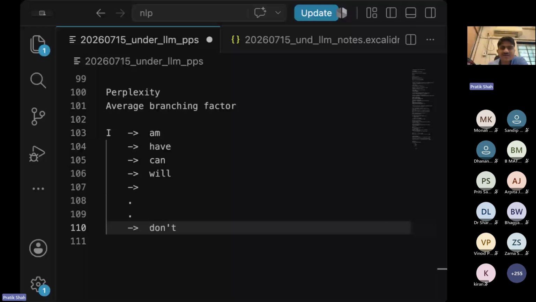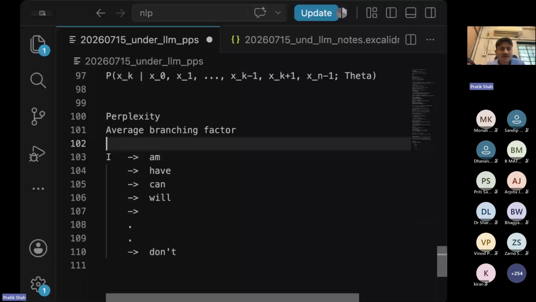Correct. So perplexity is something which captures this idea that for a given language, how likely each of the choices, if it is known, I can find out the average branching factor based on the probability. So when I say based on probability, I am saying weighted average branching factor.